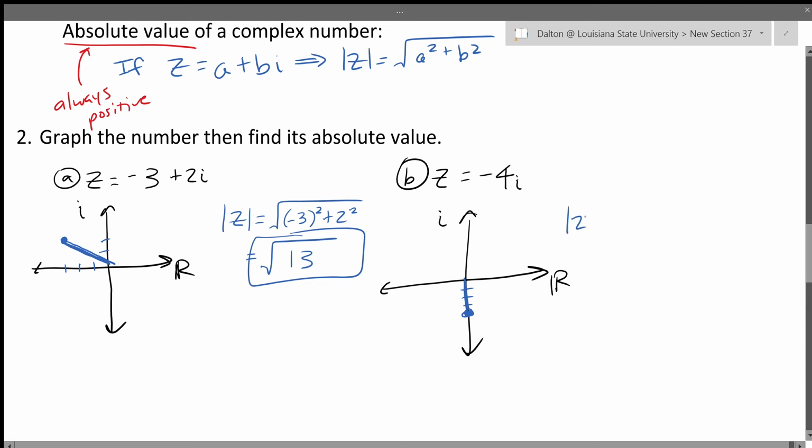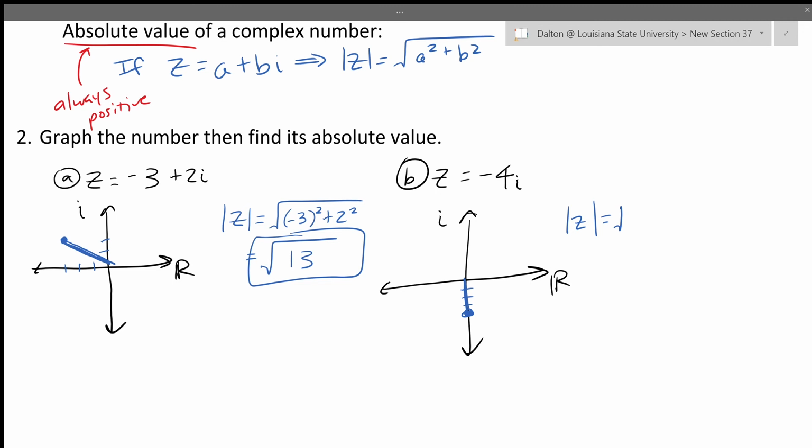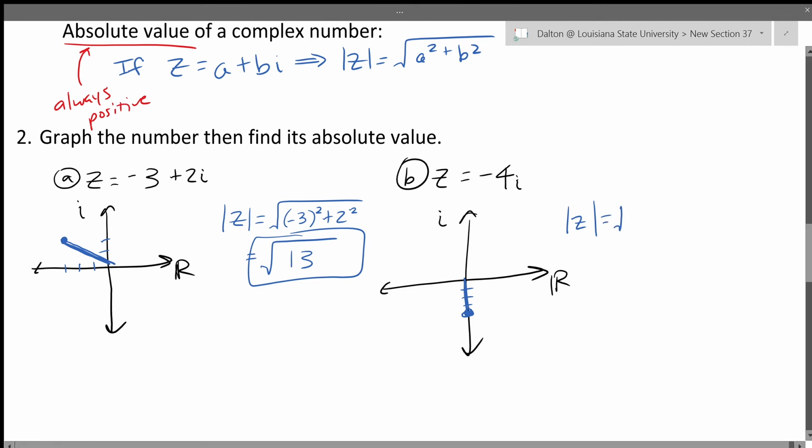Find the absolute value. Now, you actually don't have to compute the absolute value. If absolute value means the distance from 0, how far away is the end of this from 0? You can just count the units. Otherwise, your real component is 0 squared plus -4 squared. Actually, I don't even need to do that. When you take the square root of 16, you're just going to get 4. Okay. Questions so far?